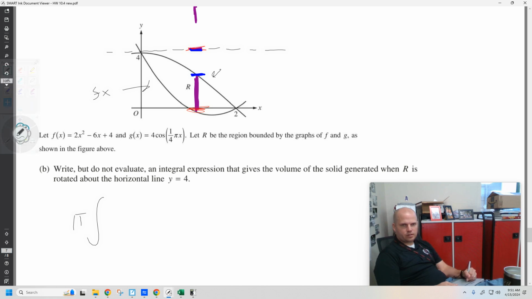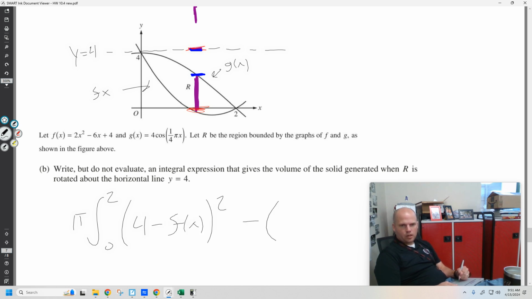This is g of x. 0 to 2, from x equals left to x equals right. Outer radius is middle minus the f of x. So this is y equals 4. 4 minus f of x squared. Inner radius is 4 minus g of x squared.